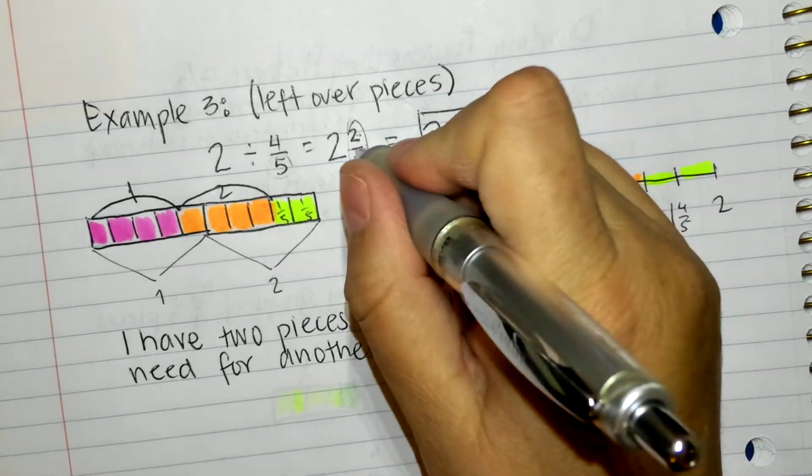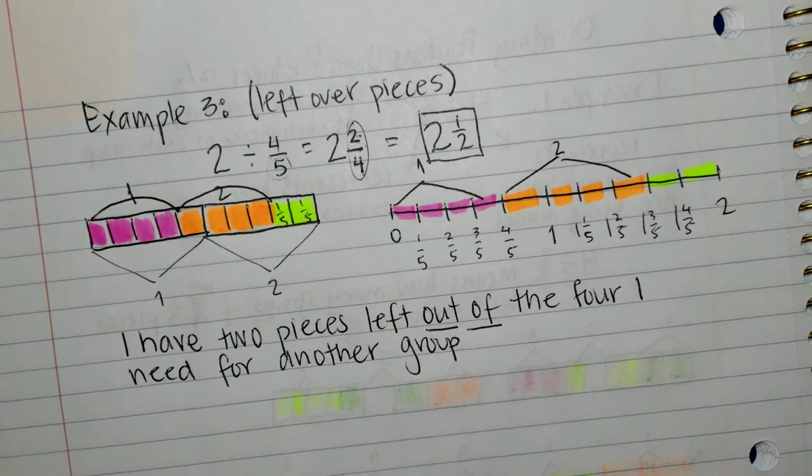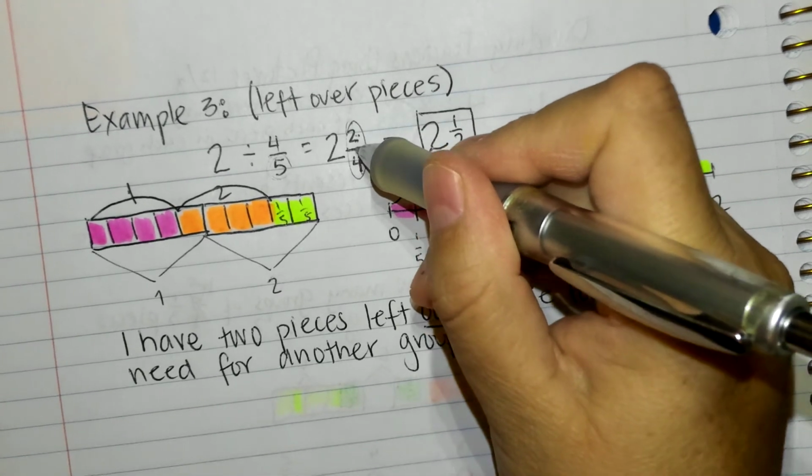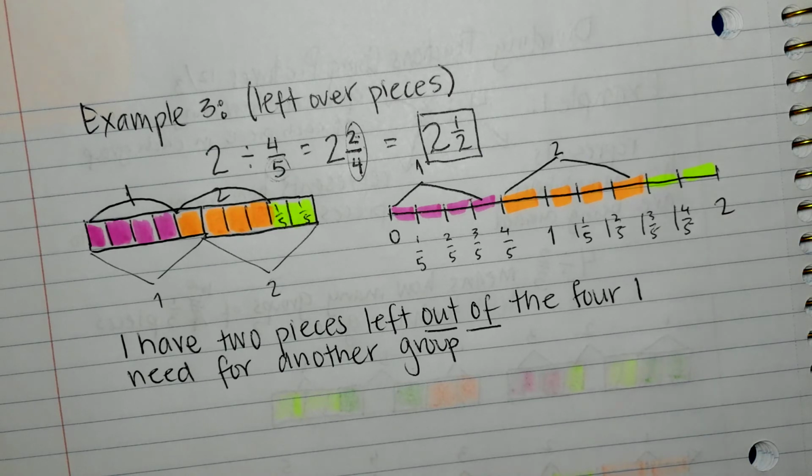That bar, this division bar, and this is part of what I wanted you to understand on your fraction lesson, is that this fraction bar means division. It means divide.